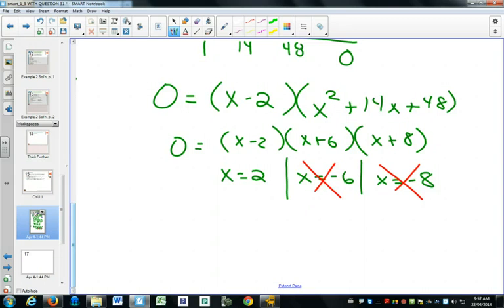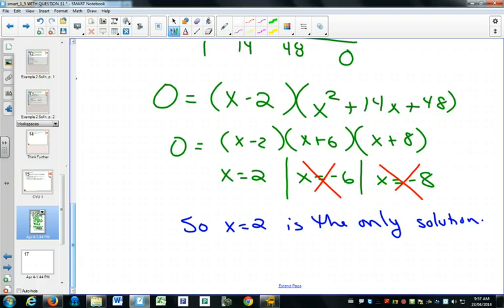So we can say definitively from the algebra that x equals 2 is the only solution. Whereas before, when we did guess and check, we could only say that x equals 2 was a solution. We didn't know it was the only solution.